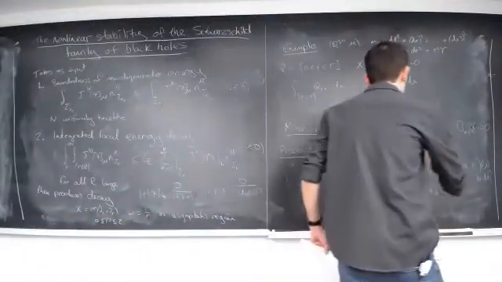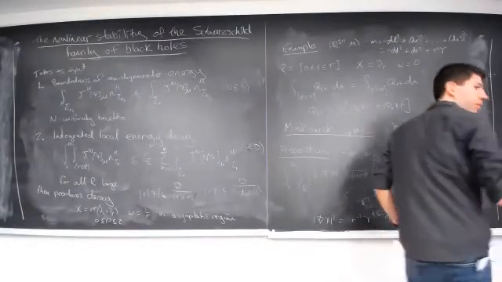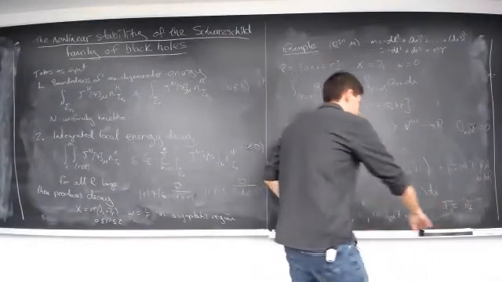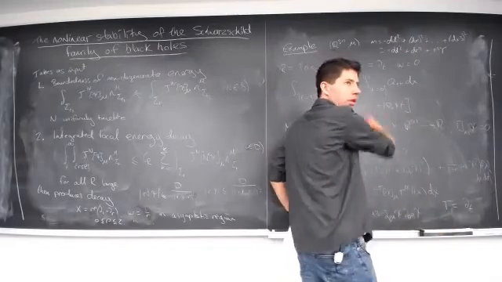Oh yeah, sorry. So T here is this vector field d by dt. So this I could alternatively write as this standard energy.